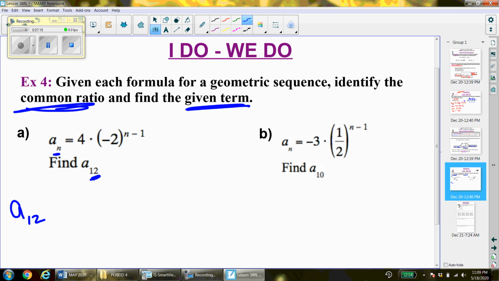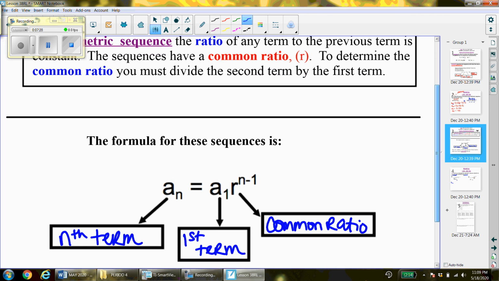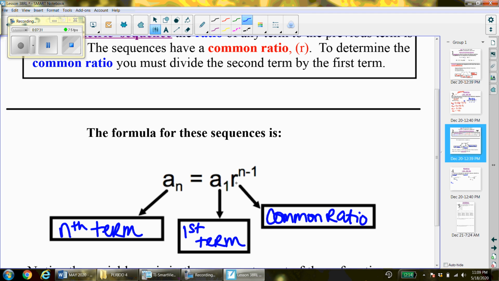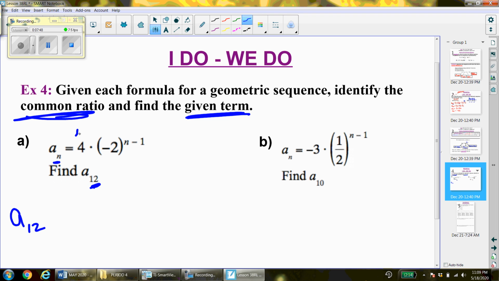And then the common ratio, let's look back at our formula. The ratio is here, being raised to the n minus 1 power, but it's also being multiplied by the first term. So the first term is 4, and the ratio is -2.